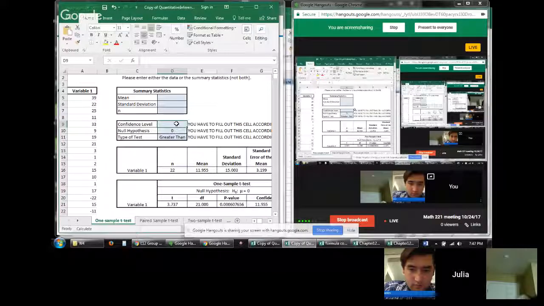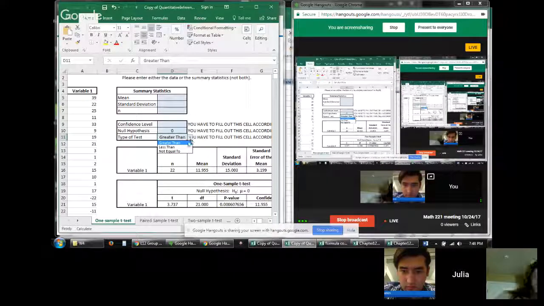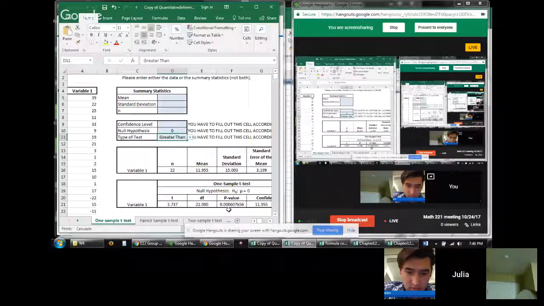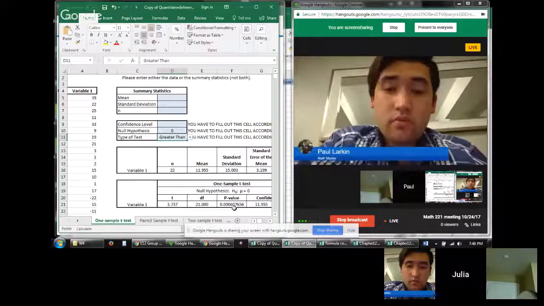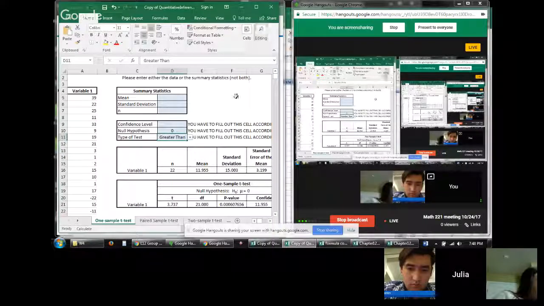In the Excel sheet, the type of test, you change it according to what it's asking: less than, not equal to, greater than. When I change this, my p-value changes to 0.00006. So it goes down.